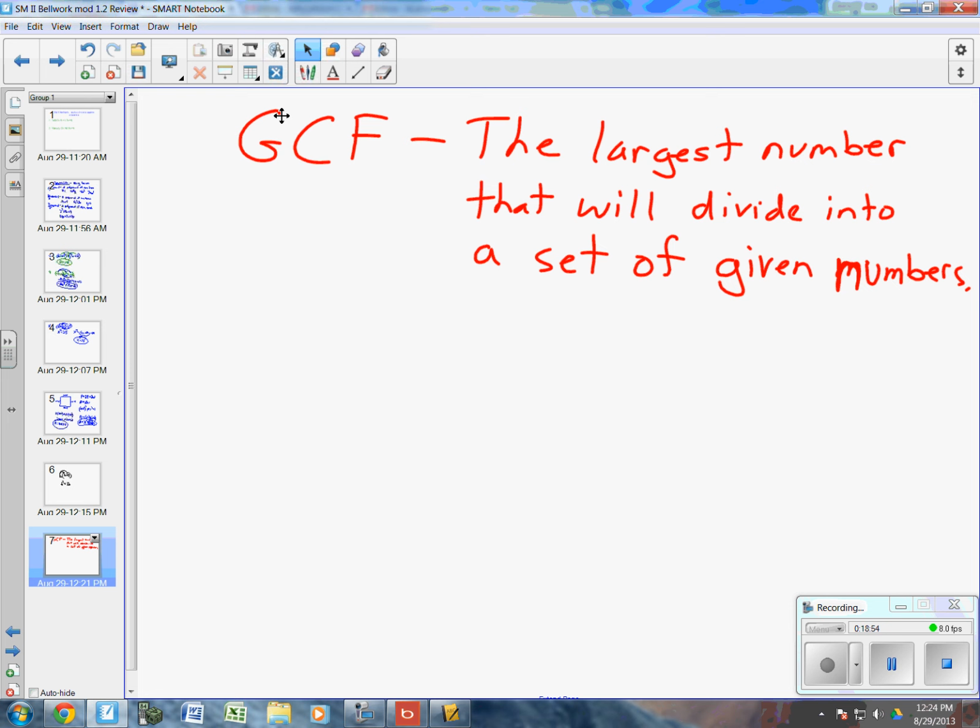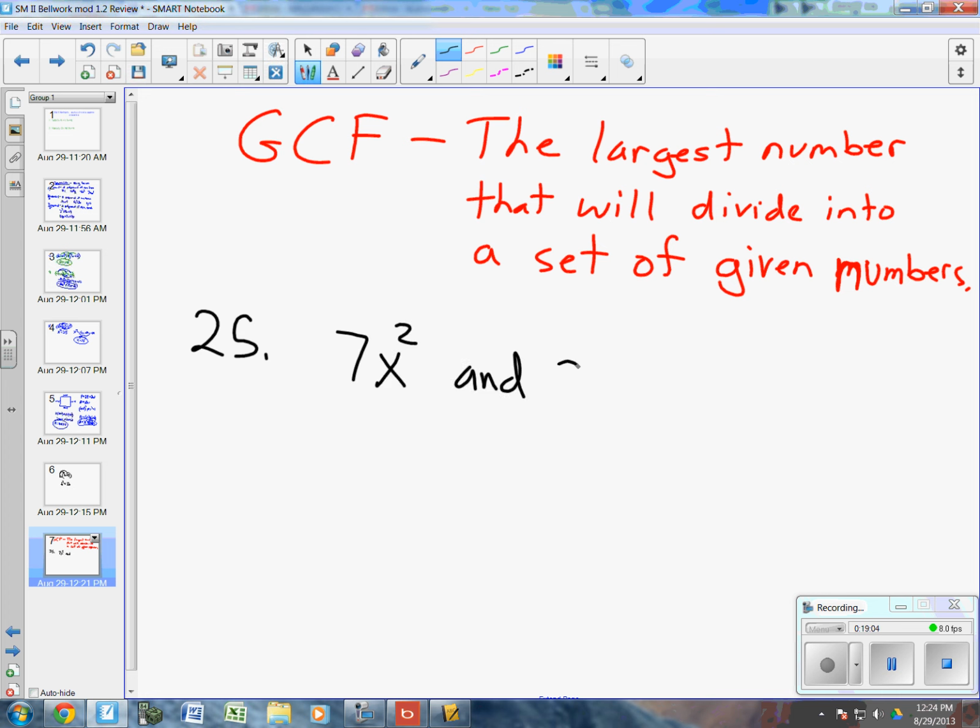I want to look at problem number 25 to begin with. 7x squared and 21x. Now, I want to find the biggest number that will go into both of those numbers. If I look at just the 7 and the 21 first, just the real numbers, I know that 7 will go into itself, and it will go into 21.